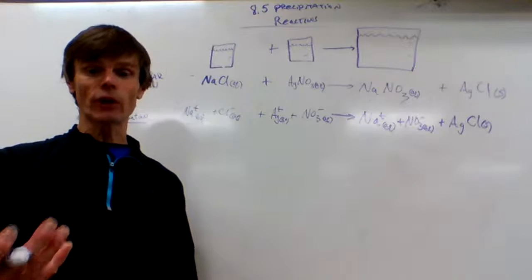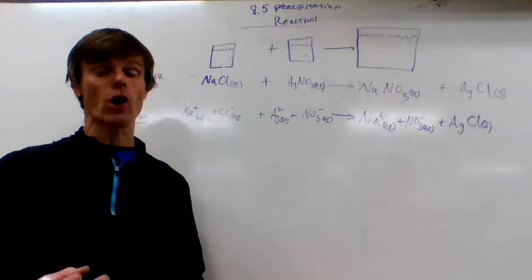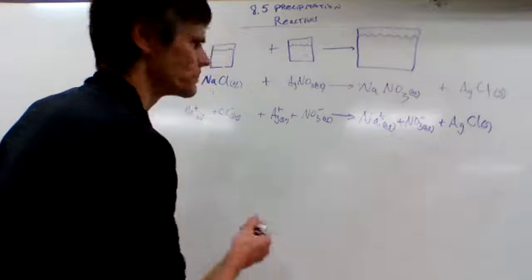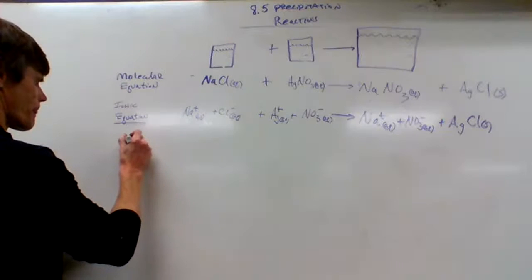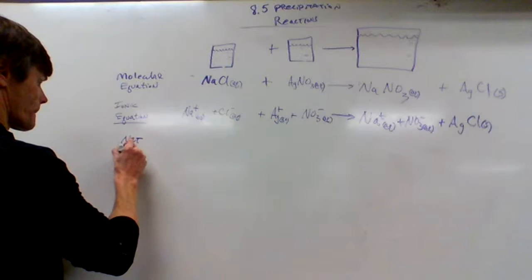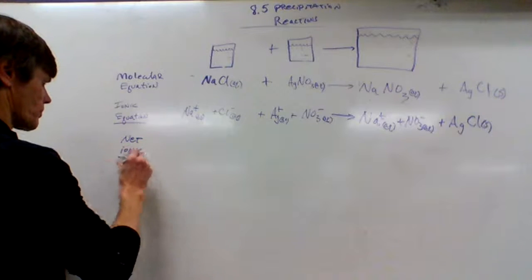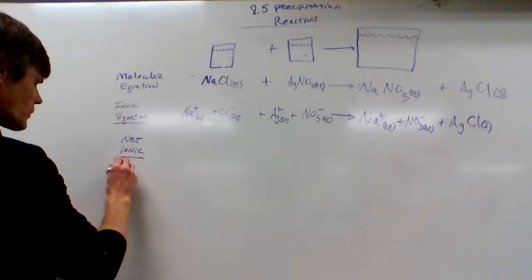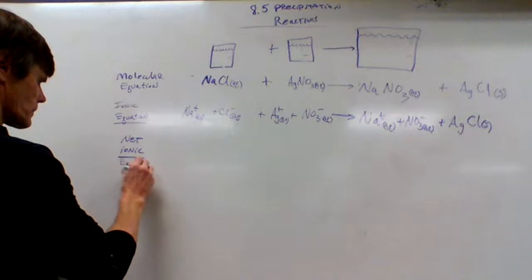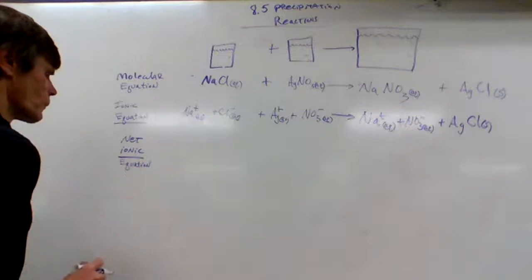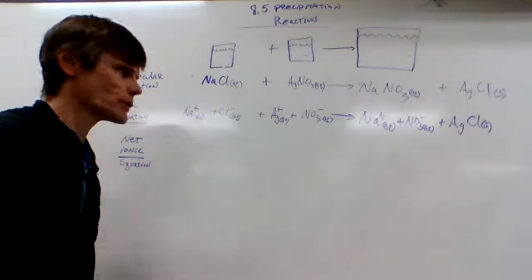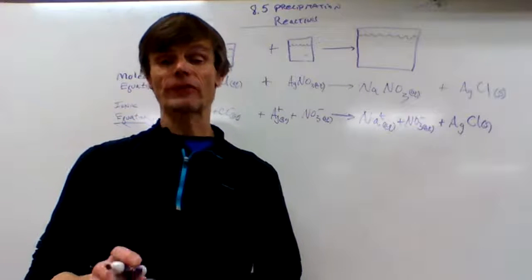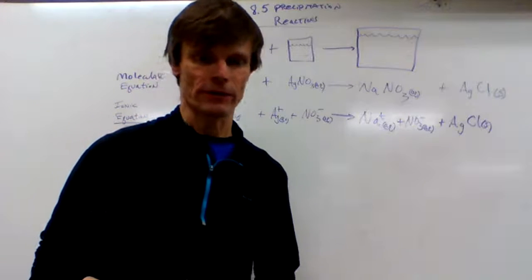We can improve even a little bit more by writing what we call a net ionic equation. When we write a net ionic equation, we get rid of something that we call spectator ions.